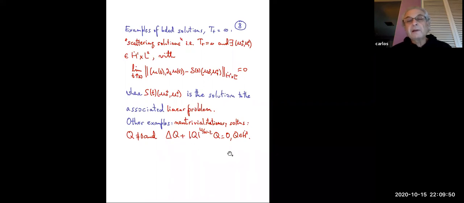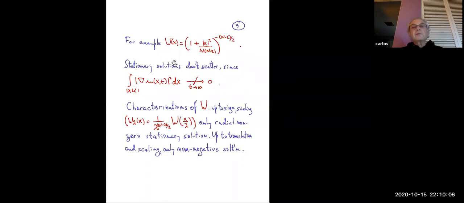This nonlinear elliptic equation has been studied extensively, especially in the 80s in connection with the Yamabe problem in differential geometry. The first solution for this nonlinear elliptic equation is W of x, which has an explicit formula here.